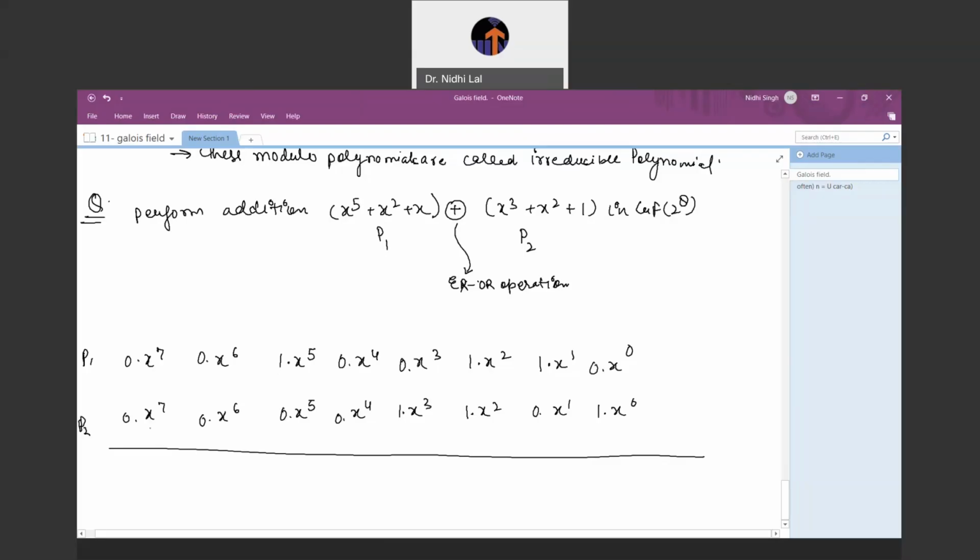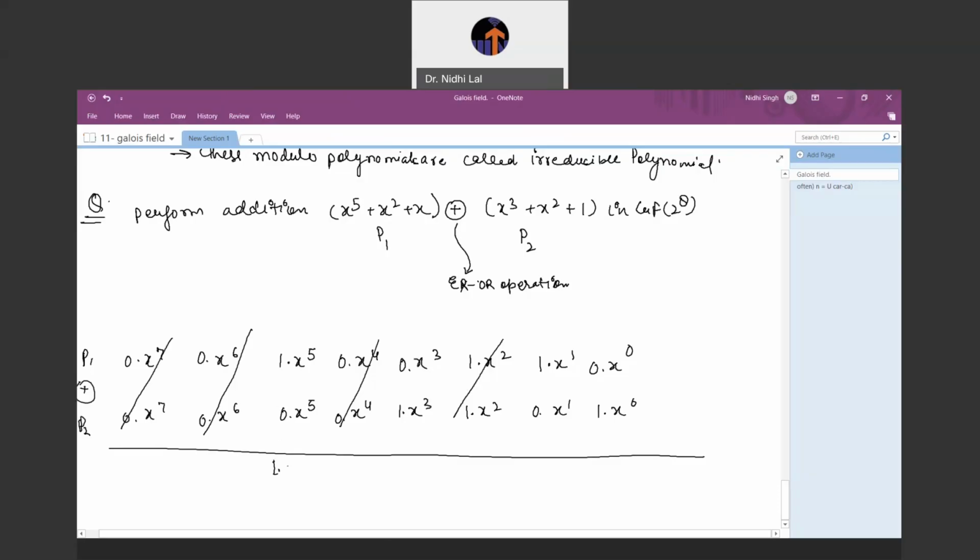Now perform the XOR operation. For the XOR operation, 0 and 0 will be cancelled. The common ones will be cancelled. So these are the common ones now, so they will be cancelled directly. x to the power 4 is cancelled and x squared is also cancelled. Now these are the terms which are uncommon. So 1 and 0, what will be the answer? 1.